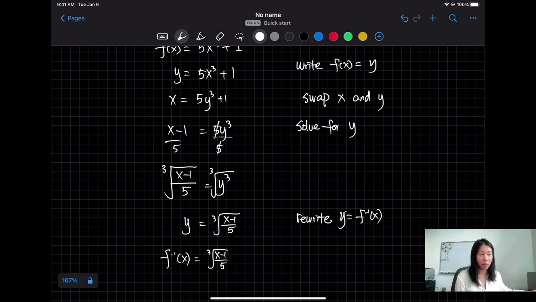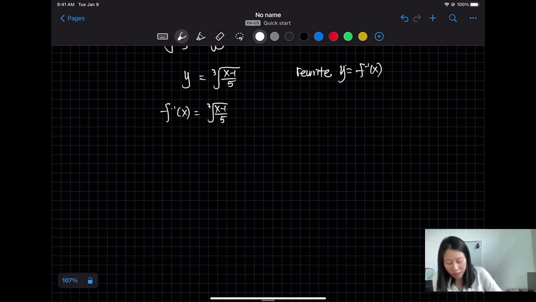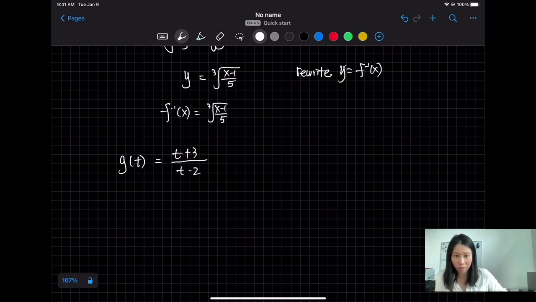Okay, another inverse function would be a little bit more complicated. It's the inverse function of a rational function, such as: find the inverse function of f(x). Let's not use f(x), we're using so many f(x). g(t) equals (t plus 3) over (t minus 2).